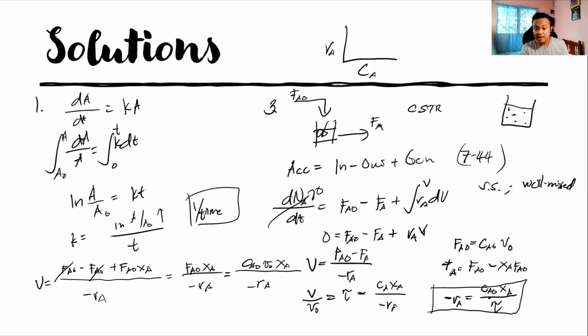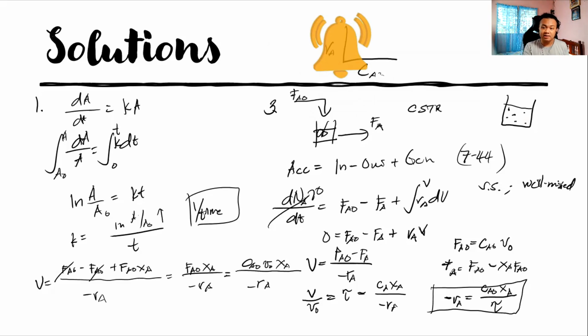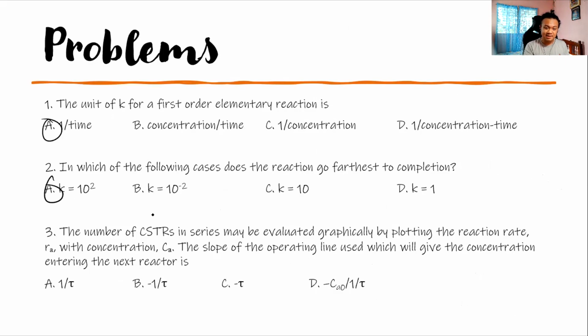As you can see, CA is the independent variable and the dependent variable is RA, diba? And our slope is tau. So if we go back, this is our slope. It's a really long explanation, but it helps that you know the derivation of the equation.